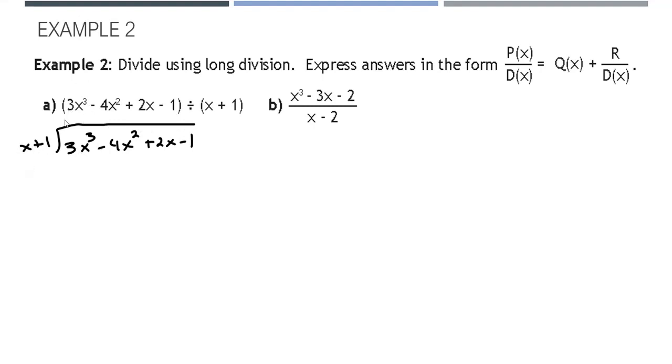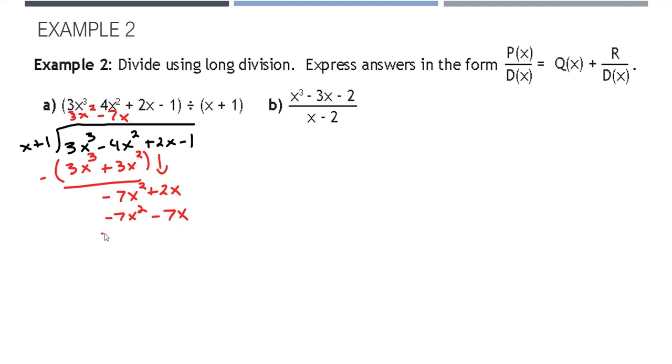So x times 3x squared is 3x cubed, and 3x squared times 1 is 3x squared. Doing that subtraction, we get 0, and then negative 4 minus 3 is negative 7x squared. Really watch with the negatives. Drop down the 2x. So x times negative 7x is negative 7x squared, and then negative 7x times 1 is negative 7x.